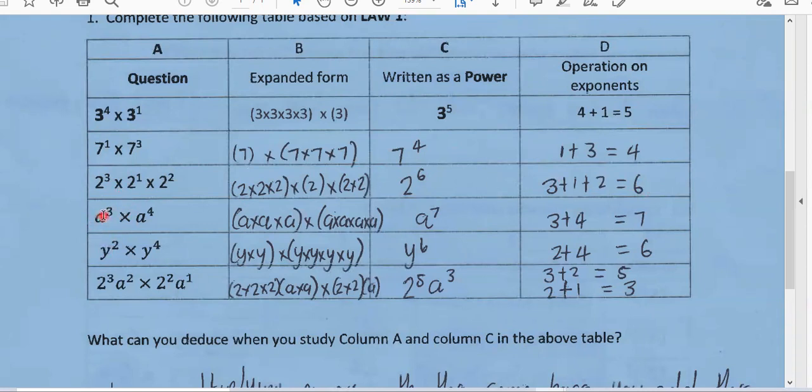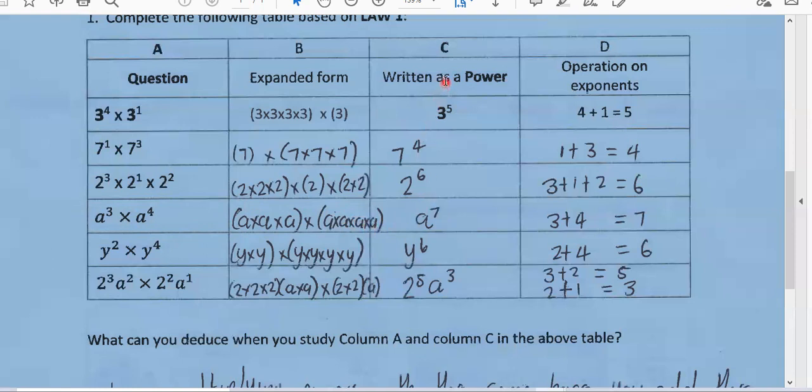Now next up, we have a to the exponent of 3 times a to the exponent of 4. Again, the 3 is telling me I must multiply the base by itself 3 times. So that's why we have a times a times a. Then a to the exponent of 4 means we must multiply a by itself 4 times.